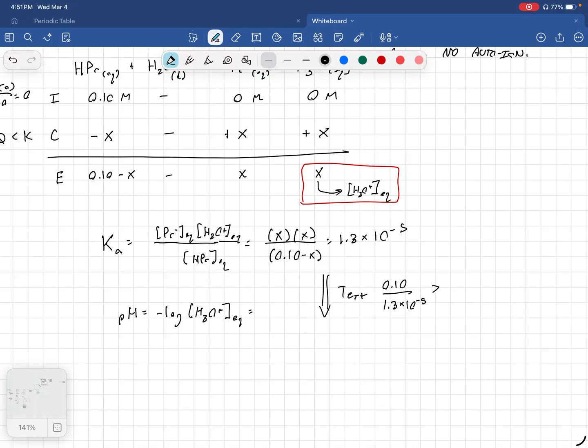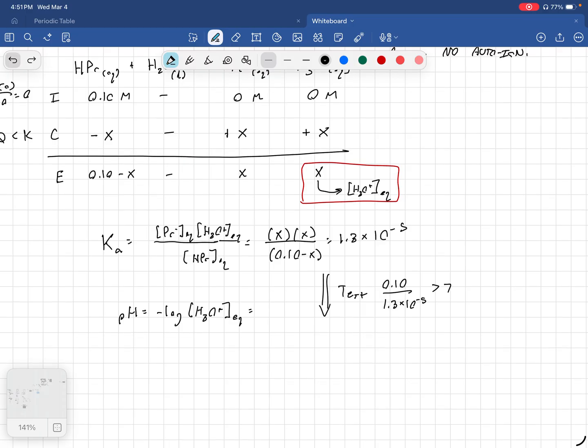So 0.1 divided by 1.3 exponent negative 5, and that is 7,692, which is greater than 400. So X plus additions and subtractions of X can be ignored.